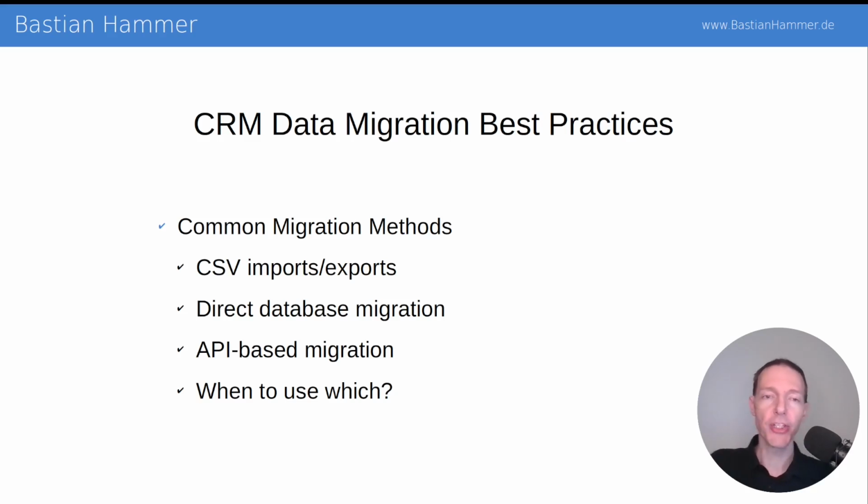When to use which? Maybe it already became clear now. I would say usually CSV if it's not too many records, not too much data, and if it's not too many different objects or entities that you need to migrate, and if things are just not too complex overall.